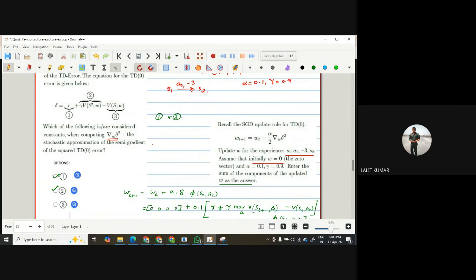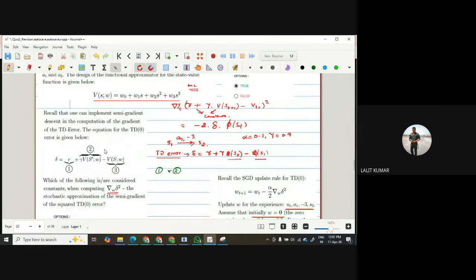So the first step is to calculate the TD error. Delta is equal to R plus gamma into V of S2, since I'm reaching S2, minus V(S1), or this I can say Q. Now this Q of S1 and S2, I will calculate as per this formula.